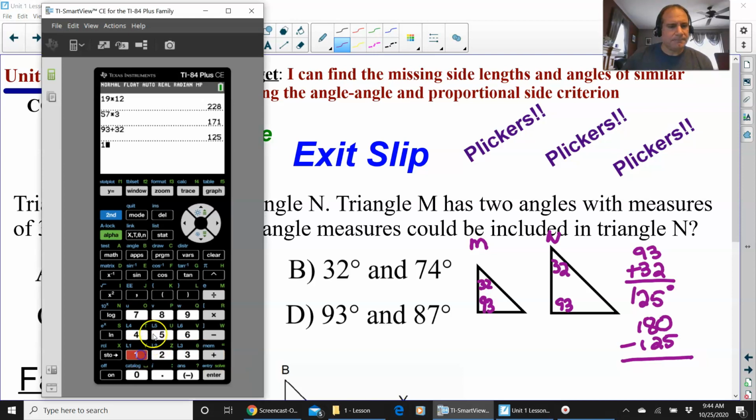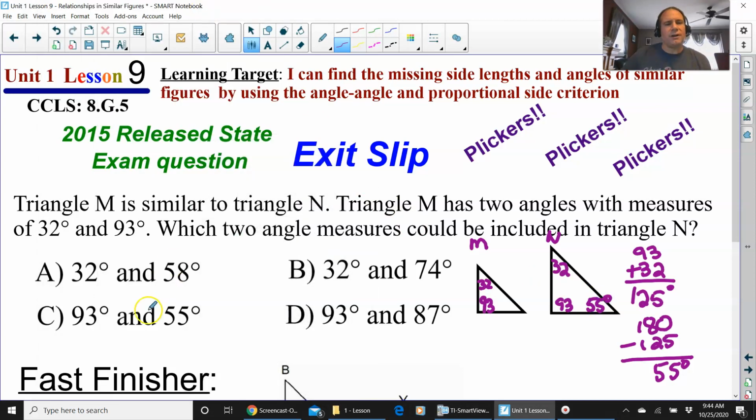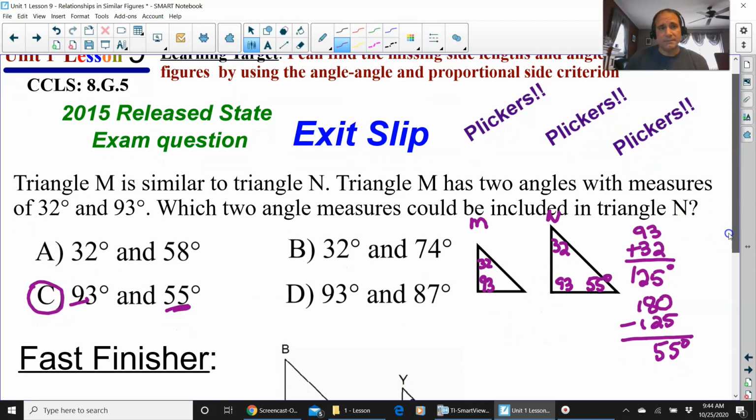Let's see. Is 55 degrees. So I know that this 55 has to be within the answer because they're asking for which other two angles. So there's the 55, 55 and 93. Good. Those are the two angle measures that could be included in triangle N. There it is, and that is my answer for the exit slip.